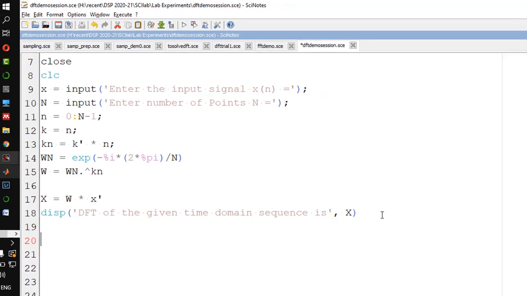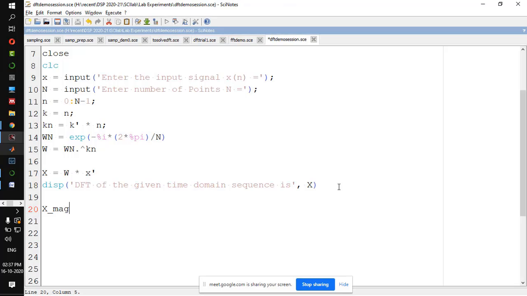Let me call it capital X underscore MAG to get the magnitude response of X of k, is equal to the command ABS of X of k, and X of k is in capital X, so I'll put capital X. Now I'll display it with a message saying magnitude response, comma, and it is in capital X underscore mag.